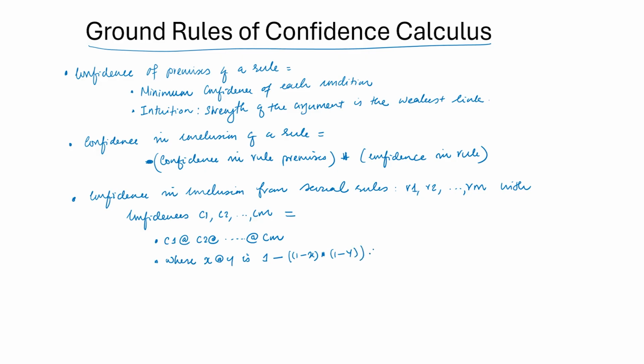So, you have confidences C1, C2, C3, and the @ operator means 1 minus (1 minus x) times (1 minus y).